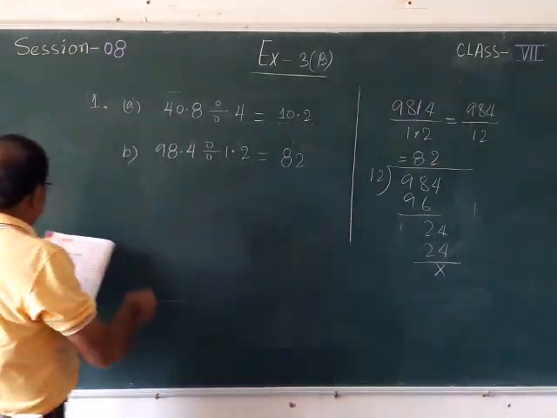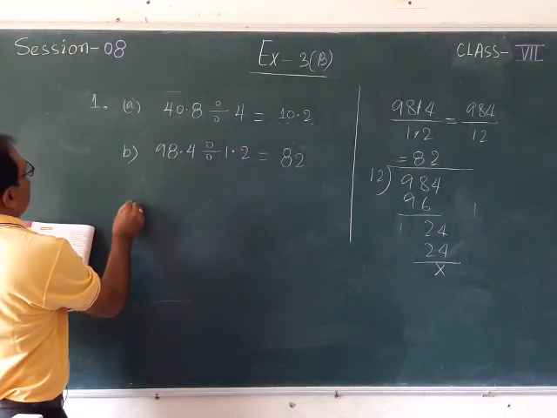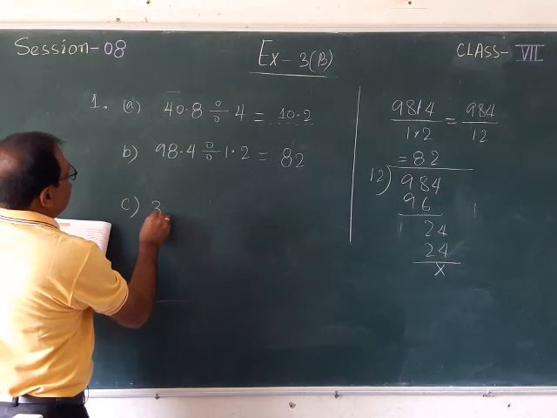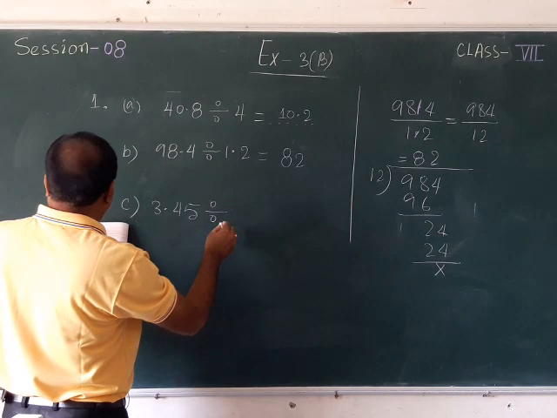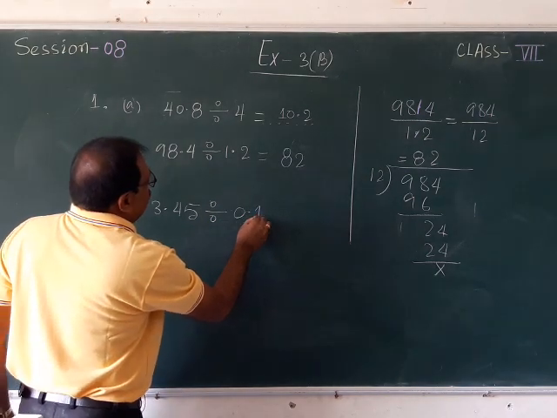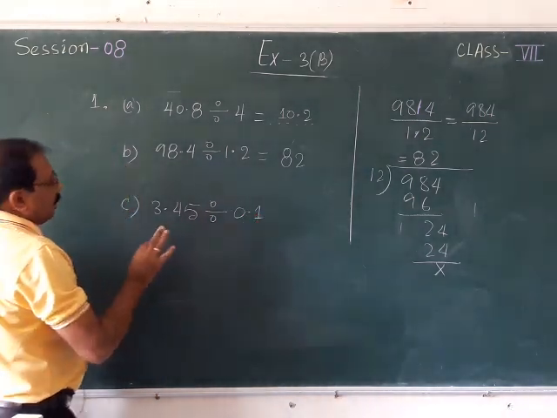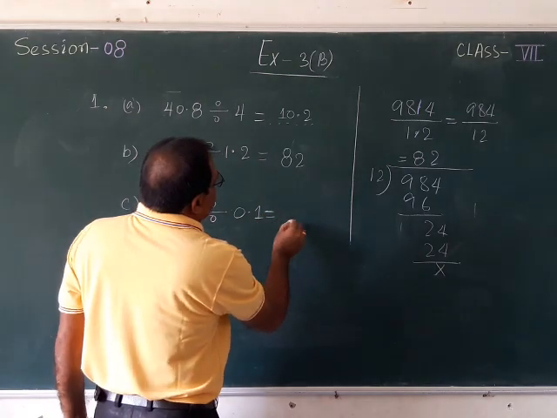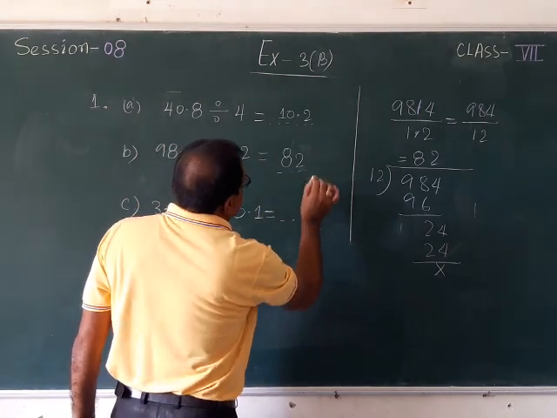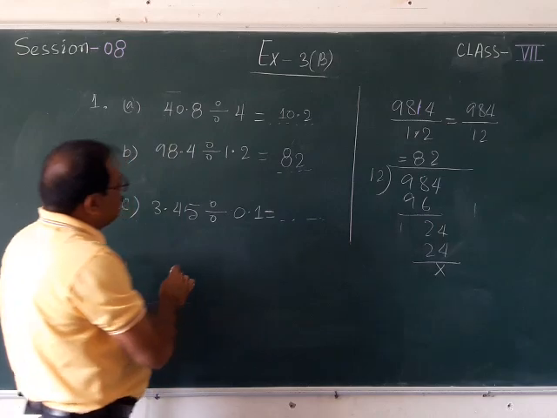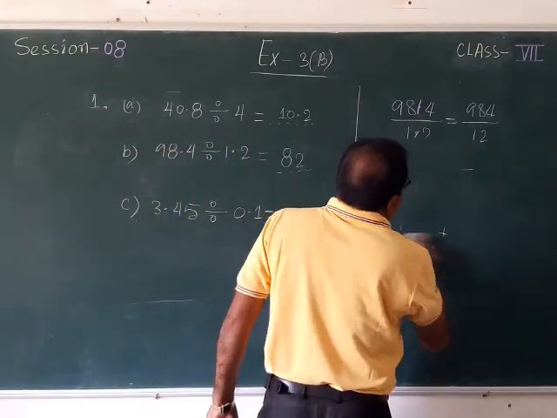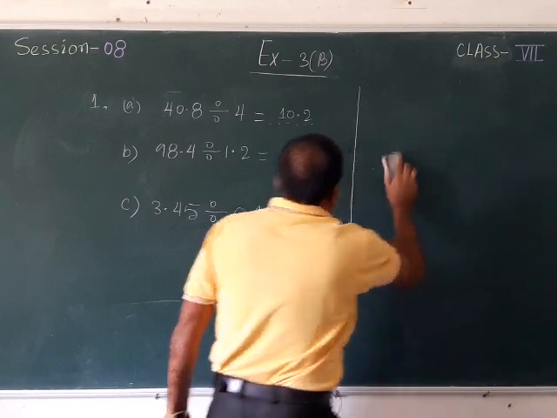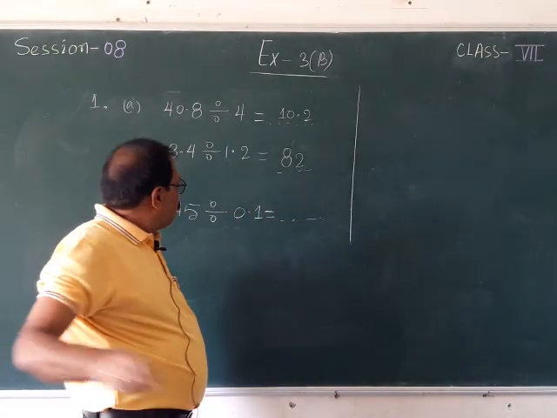Now I am showing you question number C also. In C it is 3.45 divided by 0.1. It is a fill in the blanks, so I am not showing the working here, I am just filling in the blanks. How to fill? Again I come to the rough side and think about these two numbers.